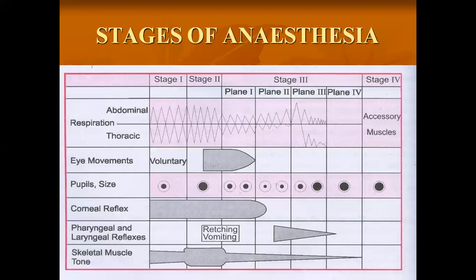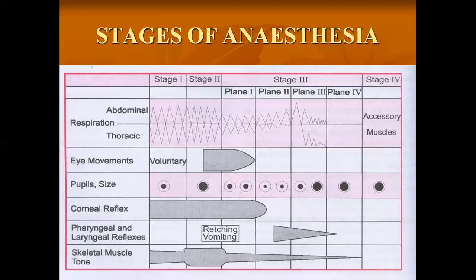The blood pressure begins to fall and the intercostal muscles are gradually paralyzed, and the respiration assumes an increasingly abdominal character. The pupillary light reflex and the corneal reflex are lost. The muscle relaxation is essentially complete.